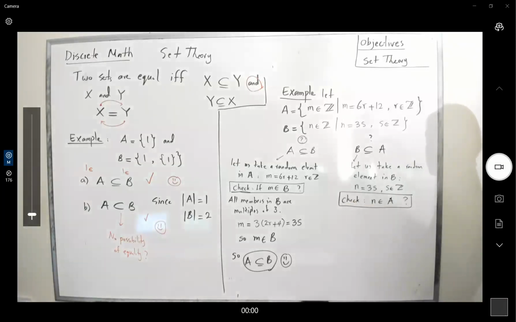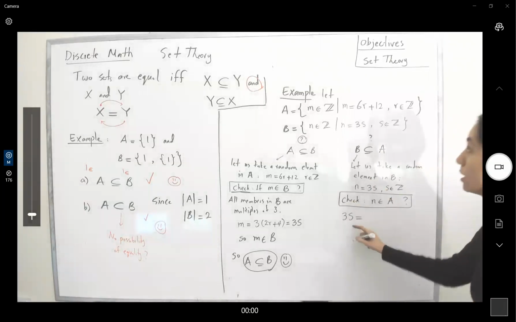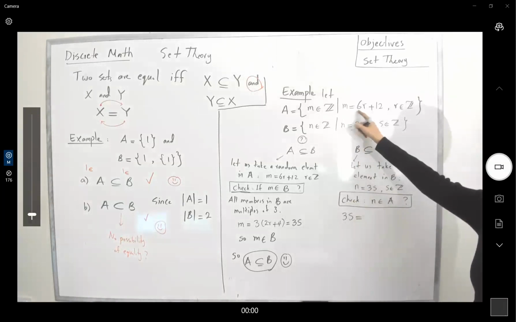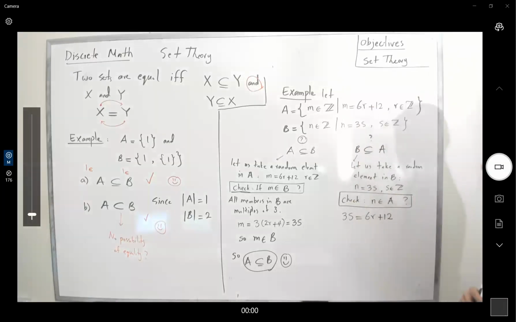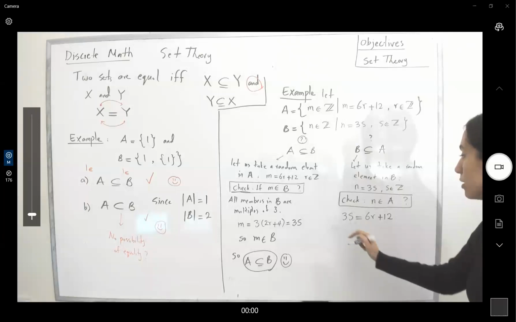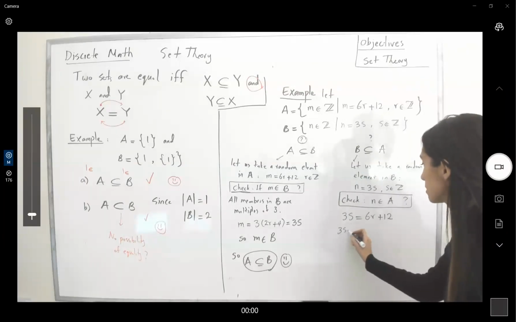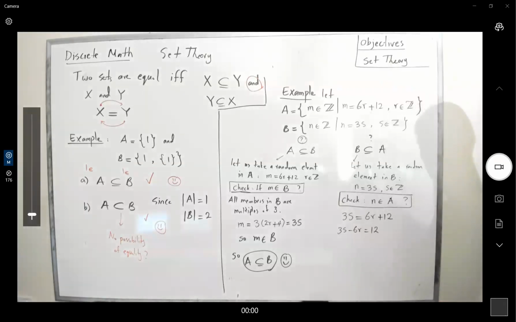Okay, perfect. Elements in B are 3 times s. If I set this equal to, for example, one of the members in A, like 6r plus 12, what do I get? If I bring this to the other side, I get 3s minus 6r equals 12.